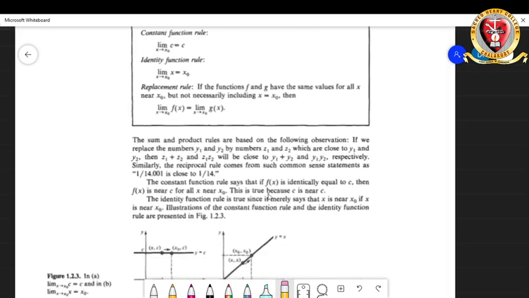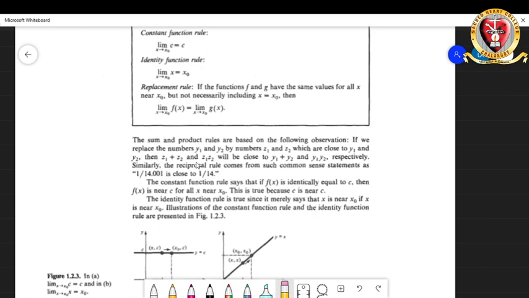So here the sum and product rules are based on some observations. Like if we have two numbers y1 and y2, we can replace them by the numbers z1 and z2, which are close to y1 and y2. Then z1 plus z2 and z1 z2 will be obviously close to y1 plus y2 and y1 y2 because they are close as we said earlier.